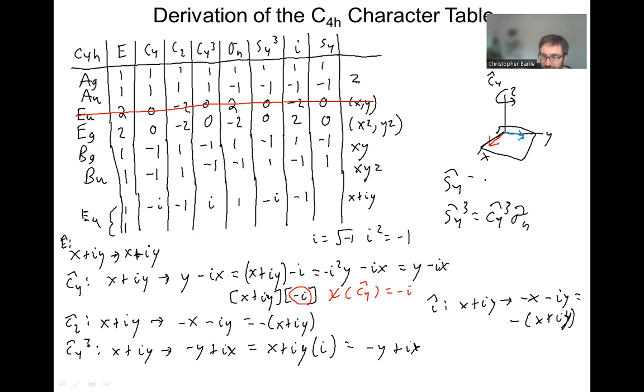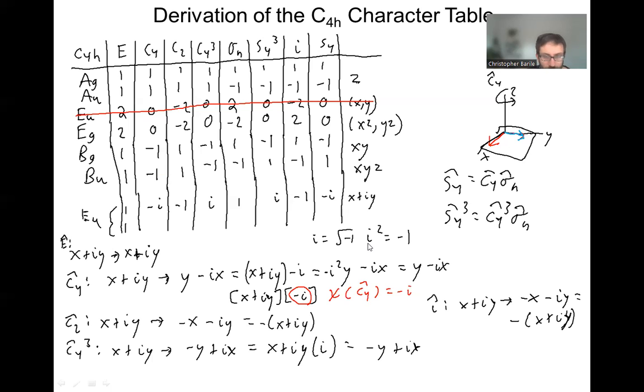Well, S4 is C4 times sigma h. Sigma h we established didn't do anything. So we had a C4, so it's going to be the same character as C4, which is negative i. And I think I made a mistake here before when I said same character as C4h, right? For S4h, sigma h did nothing. So this should be a positive i. I just read the wrong value there.